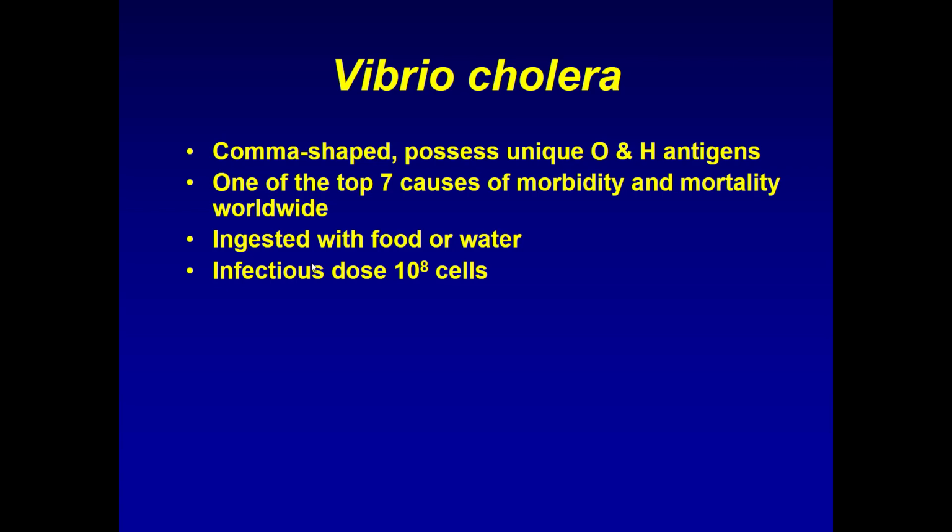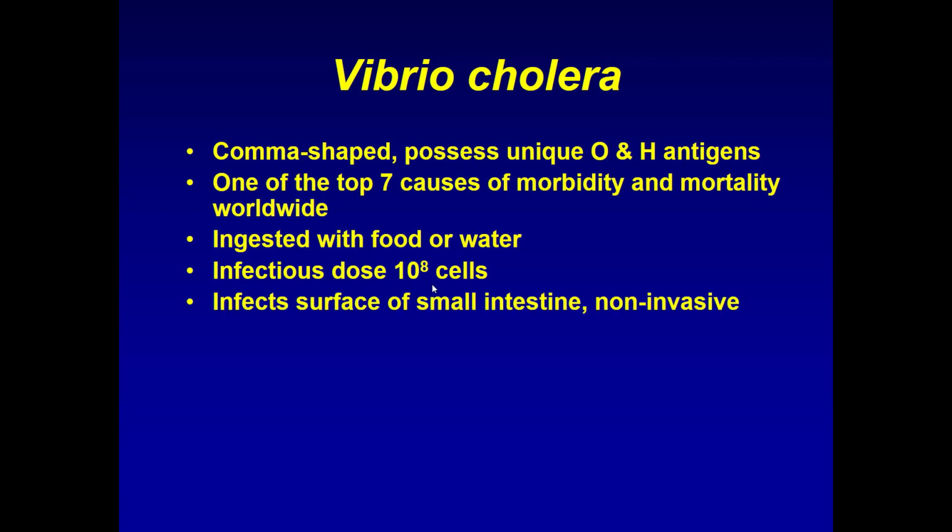Now I want you to think about this number, 10 to the 8th, and at 36 bacteria per liter, think about how many liters of contaminated water you would have to drink to develop cholera. It makes me super sad to think about this being one of the top 7 causes of morbidity and mortality worldwide, because that means people are not just exposed to unclean water, they're ingesting it in very large quantities, probably usually their primary source of water.